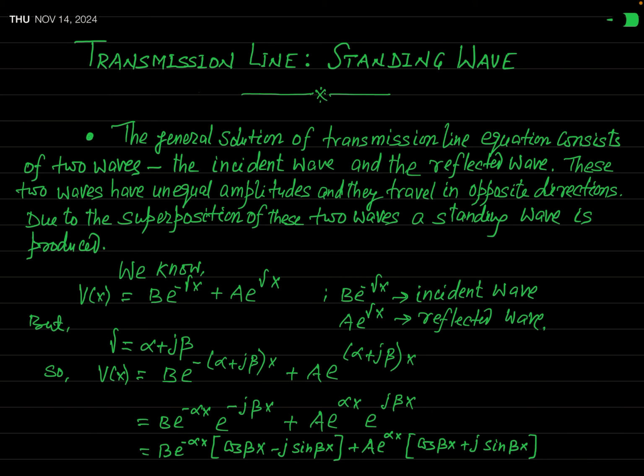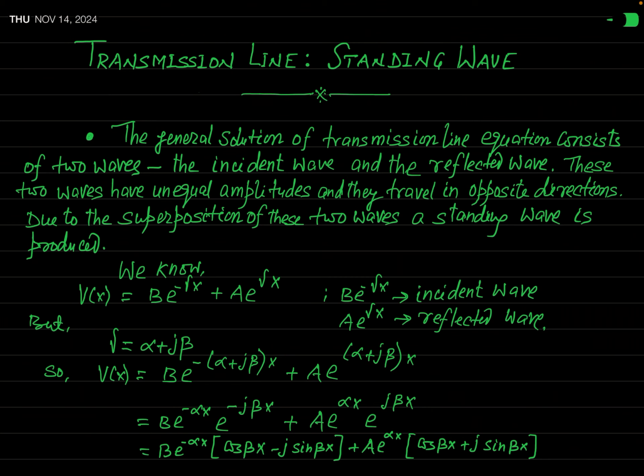To what degree the wave is a standing wave is measured in terms of a parameter which is called the standing wave ratio. And we will learn about this standing wave ratio at the end of this lecture.